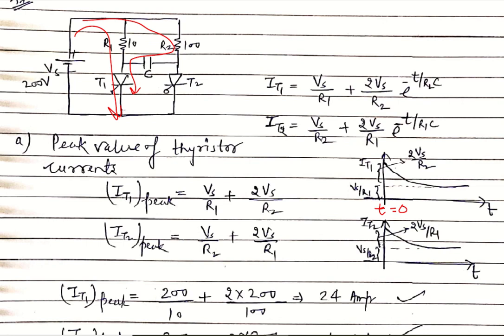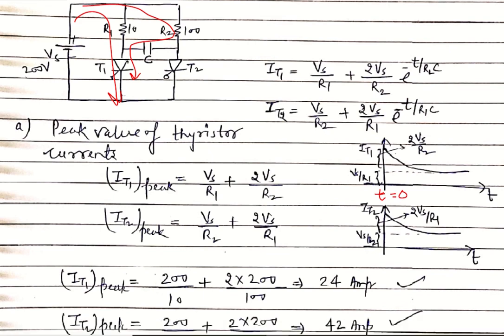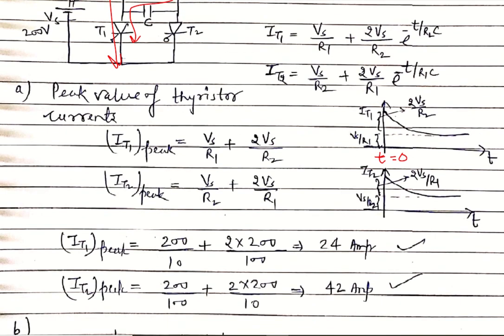And as thyristor T2 will be on, it has the peak value of Vs divided by R2 plus 2Vs divided by R1. So to find the peak value of current through the thyristors, we simply put t equal to 0 in the above expressions.